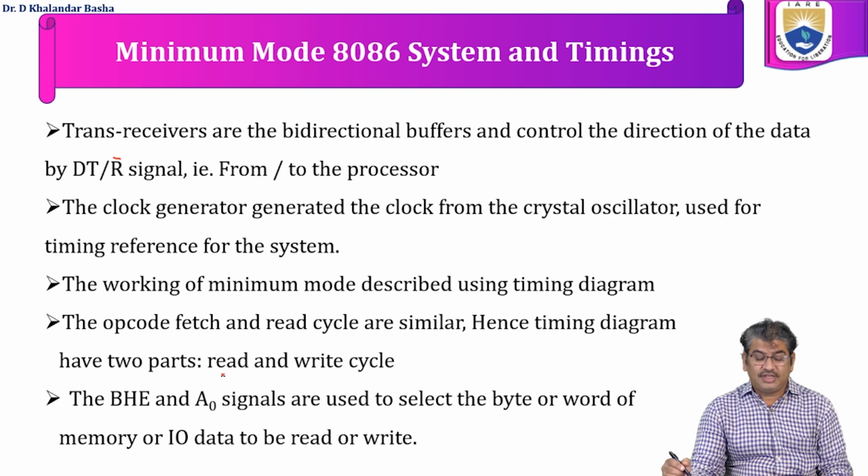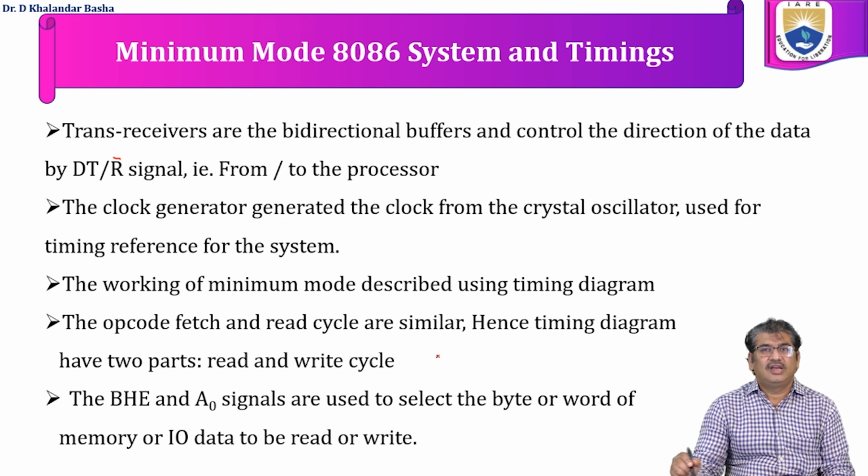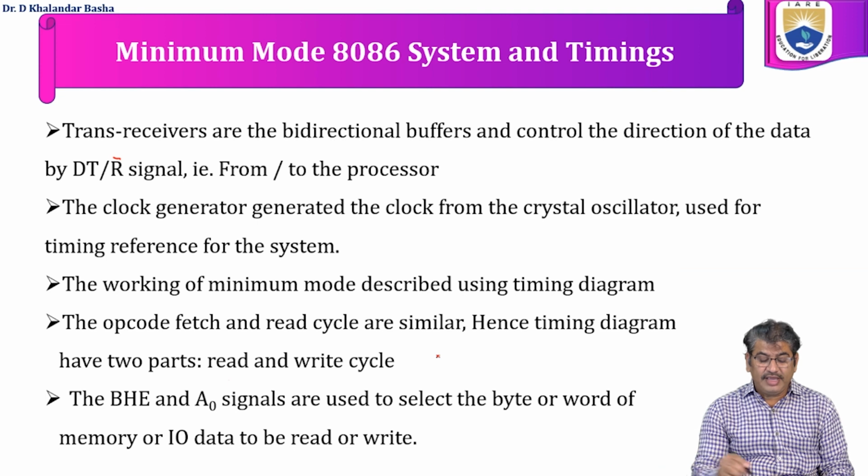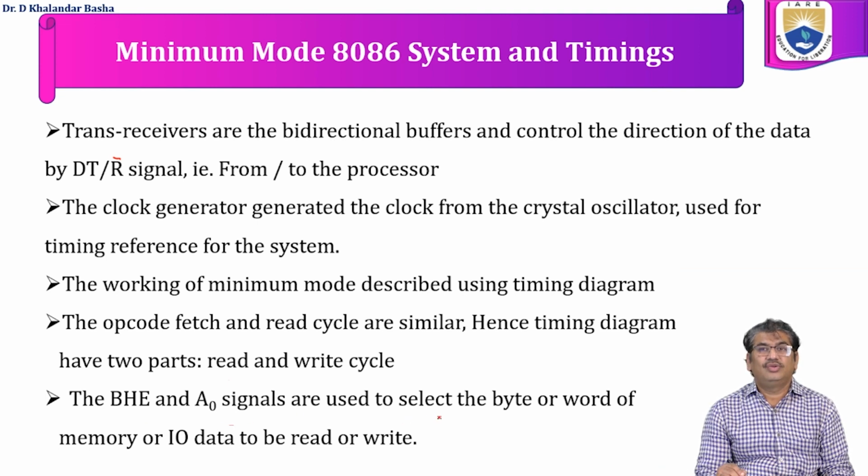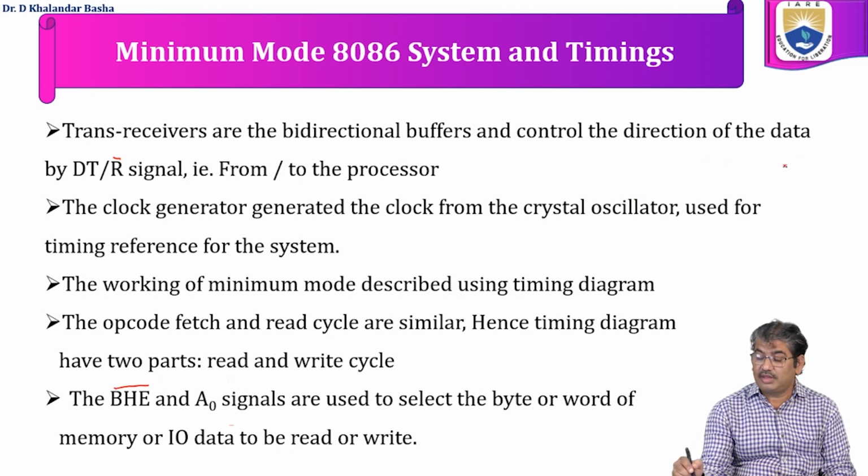The opcode fetch and read cycle are similar, hence the timing diagrams have two parts: one is a read cycle, another one is a write cycle. The BHE bar and A0 signals are used to select the byte or word of memory or IO to be read or written.